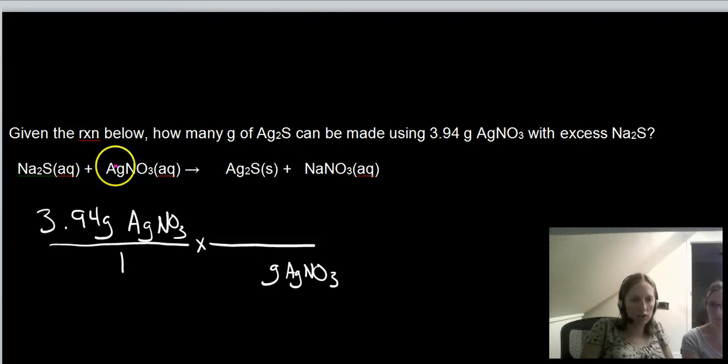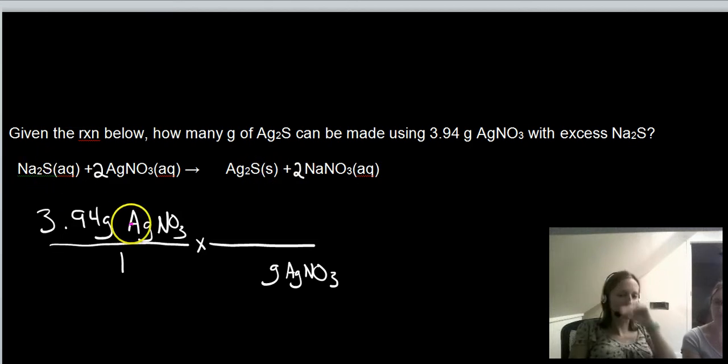Sodium doesn't match, so let's make a match. 2 moles of sodium nitrate will make the sodiums happy. And silver doesn't match. 2 moles of silver will make the silvers happy. Did that happen to make my polyatomics happy? 2 nitrates, 2 nitrates? Yes. 1 sulfur, 1 sulfur? Yes. Beautiful. Okay, so we'll need that in a minute.